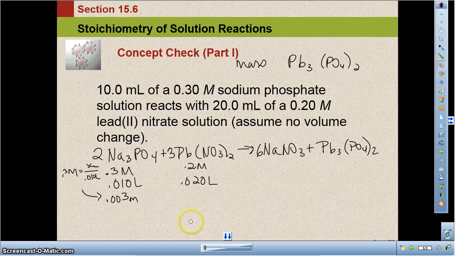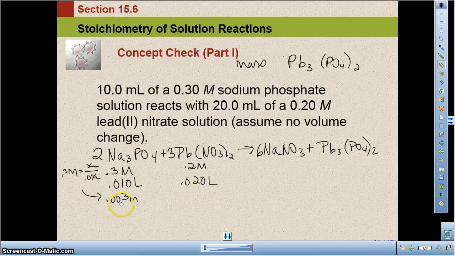Through the wonders of modern technology, I've been able to pause the video and write out the complete molecular equation for this reaction and balance it, and put the information down below each one that it indicates. So I have a 0.3 molar solution of sodium phosphate, and I have 0.01 liters. I changed milliliters to liters. 0.2 molar solution of lead 2 nitrate with 0.02 liters of that solution.